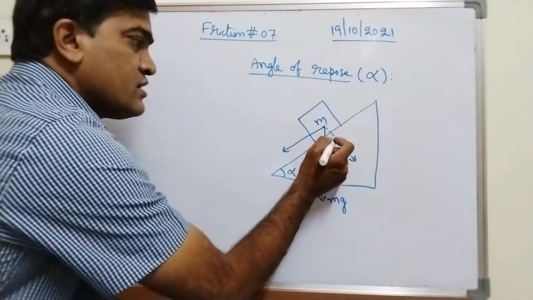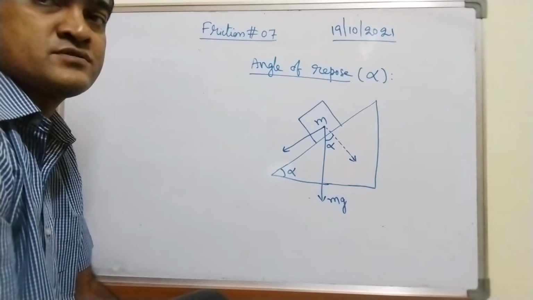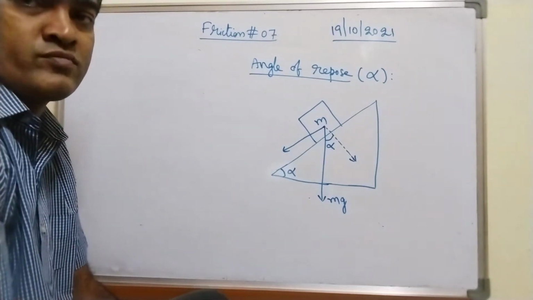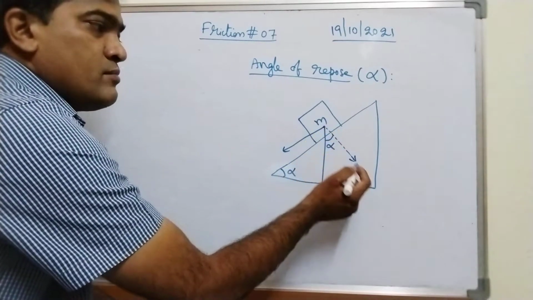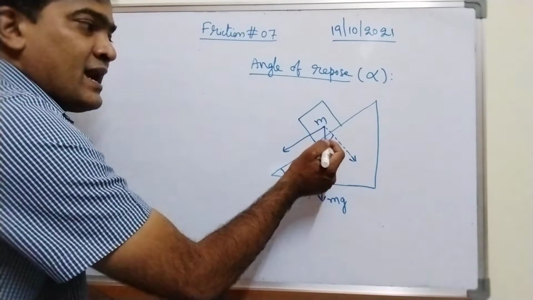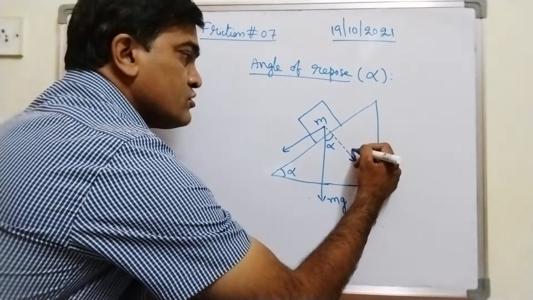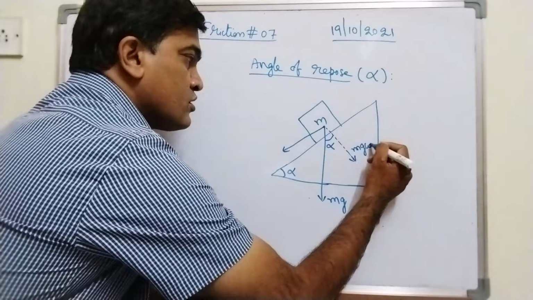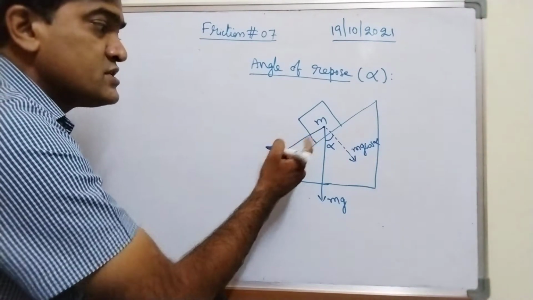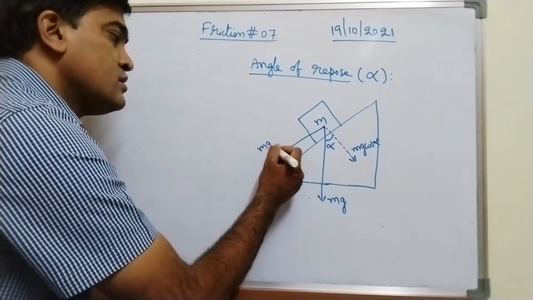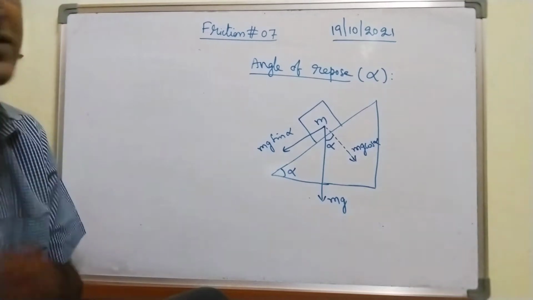If this angle is alpha, this other angle also becomes alpha, as I have shown you long before. The component of weight touching the angle comes out to be mg cos alpha, and the other component, which is not touching the angle, comes out to be mg sin alpha.